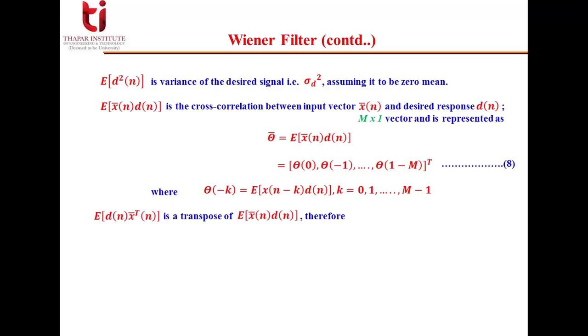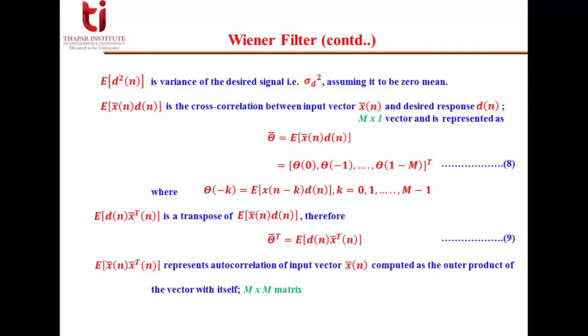The other term, the expectation of d n x vector transpose n, is nothing but the transpose of the previous term, the expectation of x vector n d n, so we get theta vector transpose.